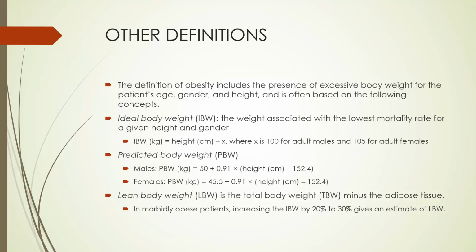And even though more accurate formulas have been proposed, in morbidly obese patients, increasing the ideal body weight by 20 to 30% gives an estimate of lean body weight. In non-obese and non-muscular individuals, total body weight pretty much approximates ideal body weight. And these are important because we use different kinds of calculations in terms of weight-based dosing for different medications.